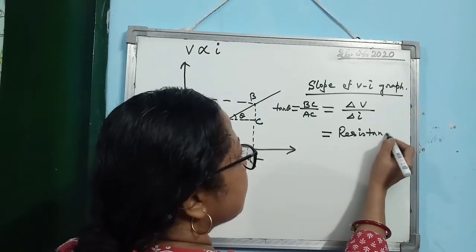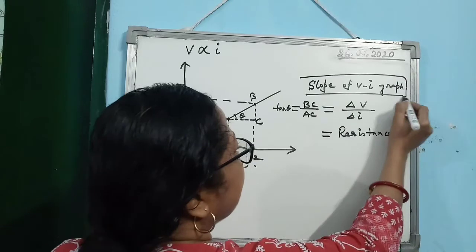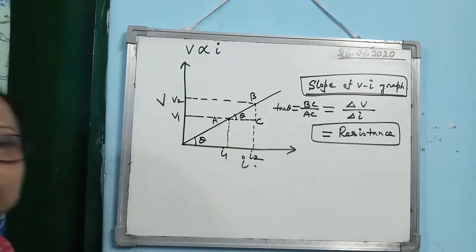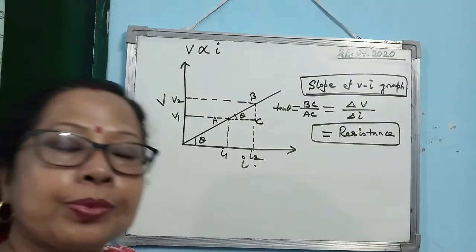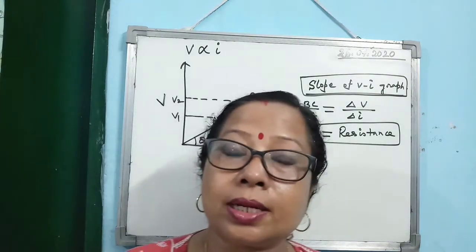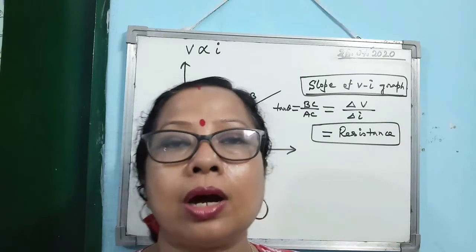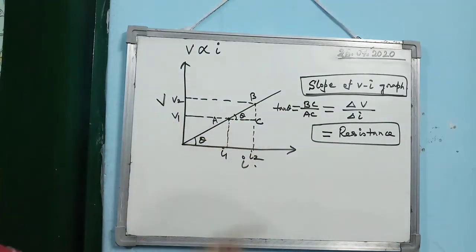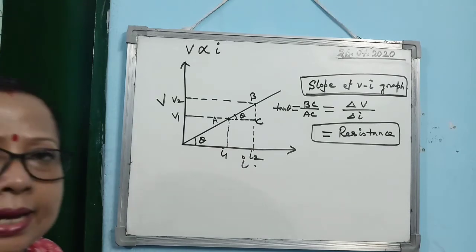Resistance. So this is the most important thing: the slope of the V versus I graph is equal to resistance. So if one wants to find out the resistance, how can you find it? By finding the slope of a V versus I graph.